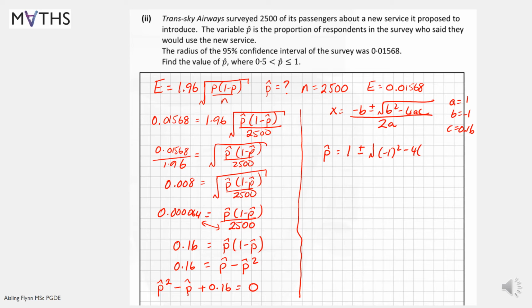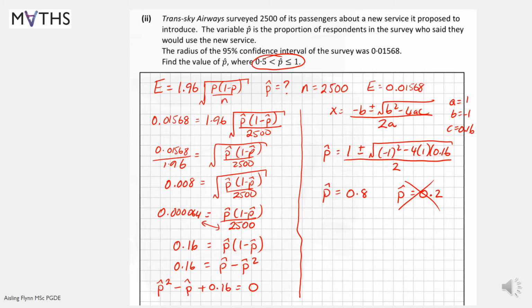Then we have the square root of minus 1 squared minus 4 times 1 times 0.16, all divided by 2 times 1, which is 2. Use your scientific calculator to do that quickly, and for the plus option we get P-hat equals 0.8. For the minus option you get P-hat equals 0.2, but the question said it should lie between 0.5 and 1, so we will not count the 0.2 one.